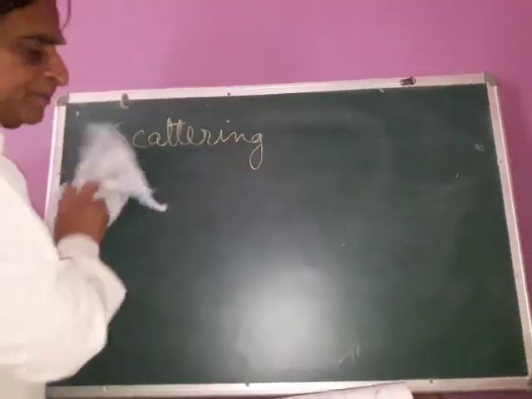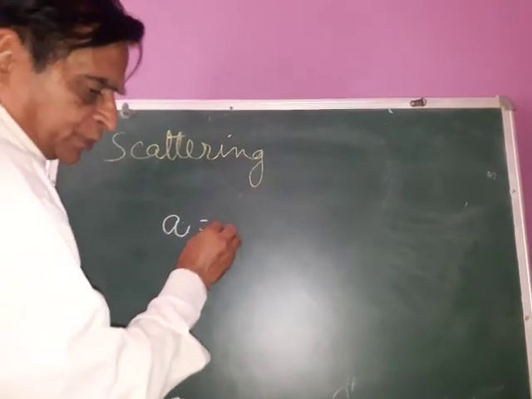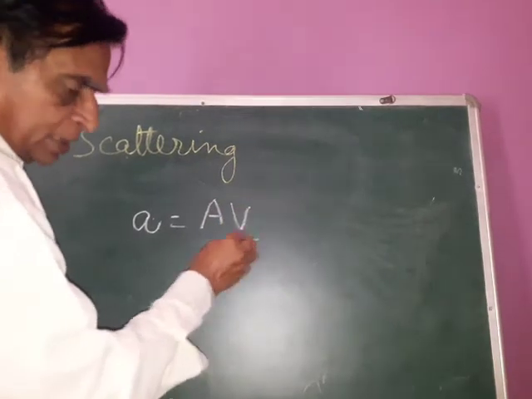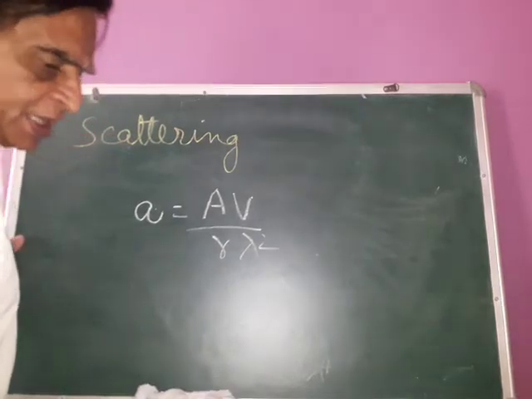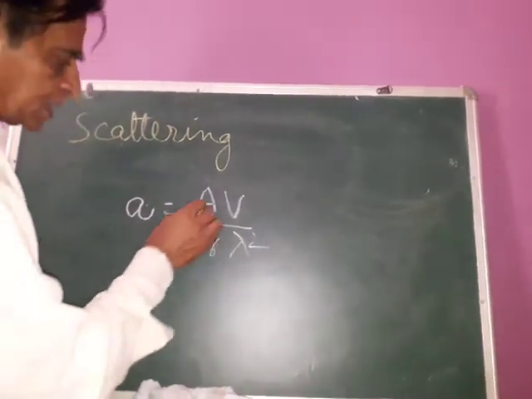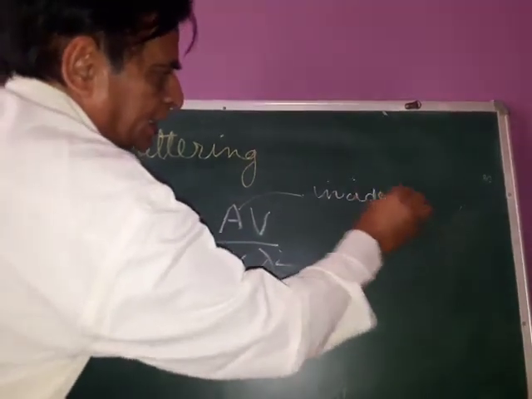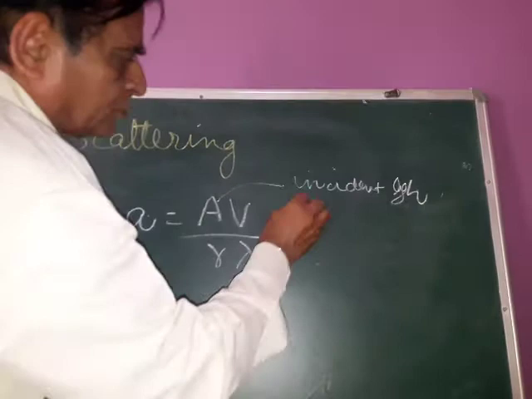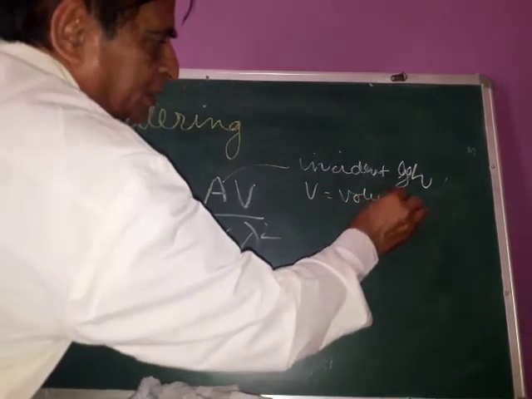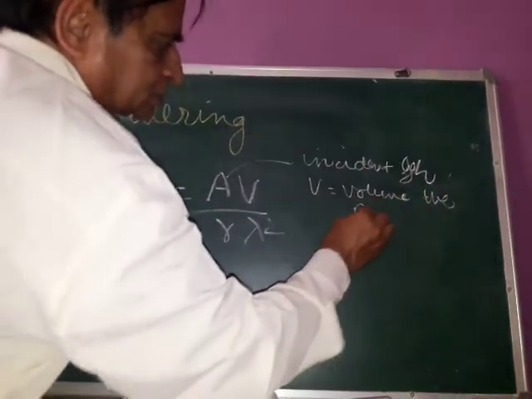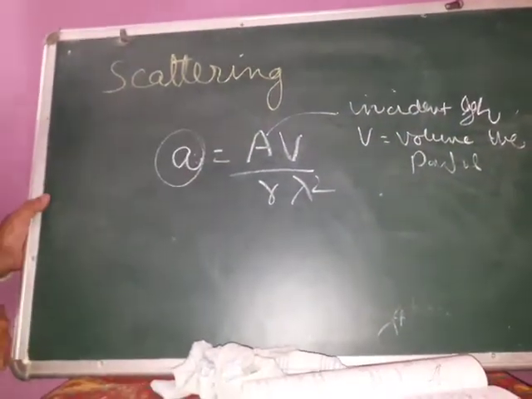Scattering is related to the wavelength by the Rayleigh formula. A is equal to A0 V upon r lambda square, where A0 is the amplitude of the incident light, V is the volume of the scattering particle, and A is the amplitude of scattered light.